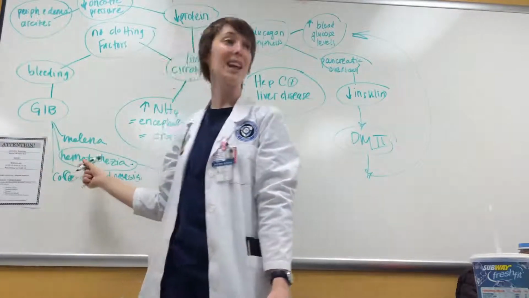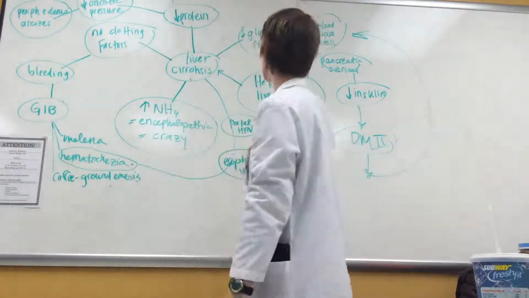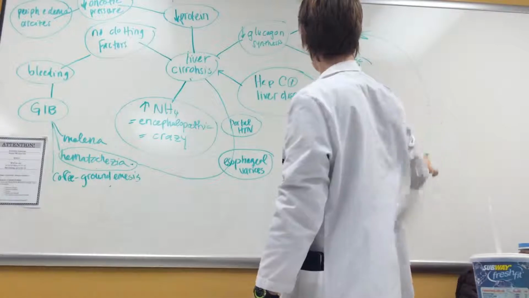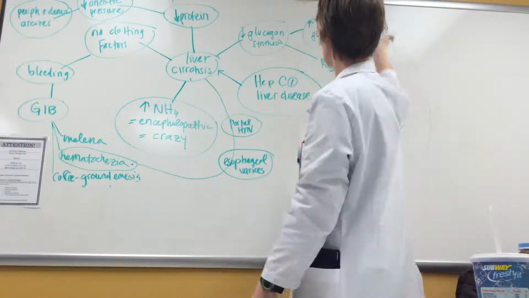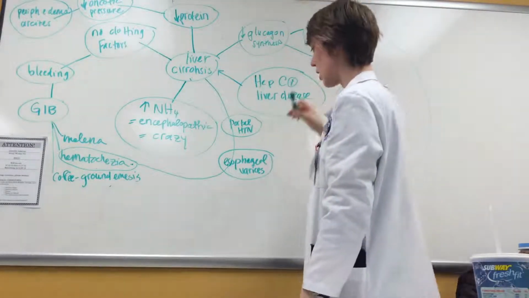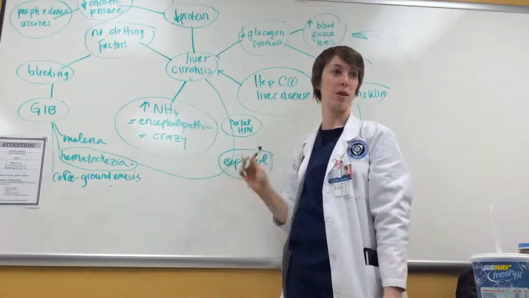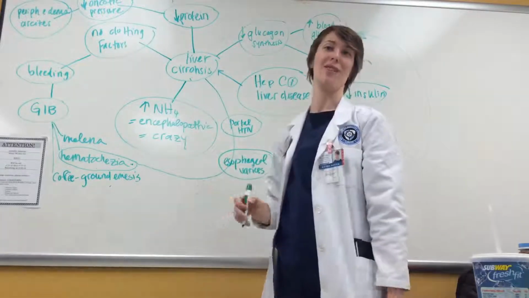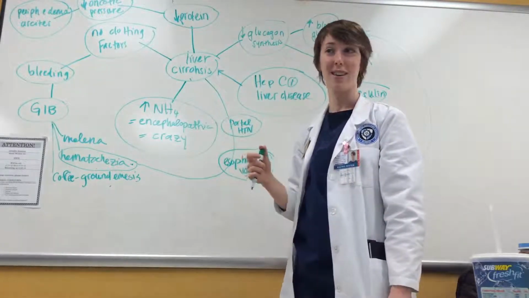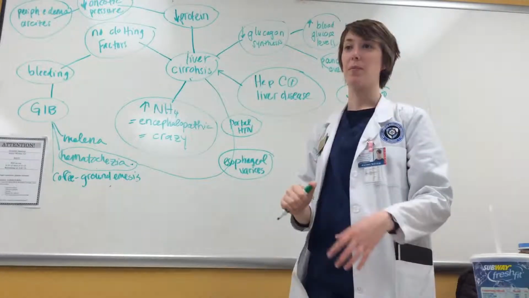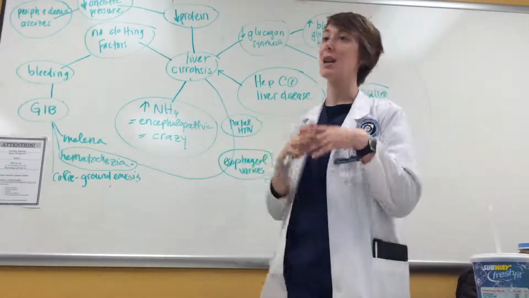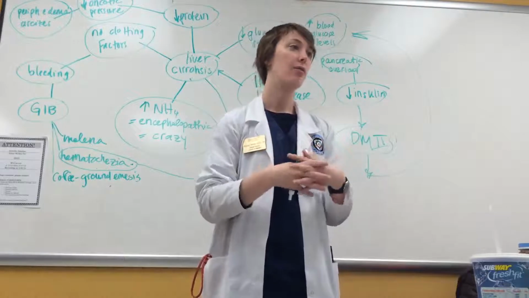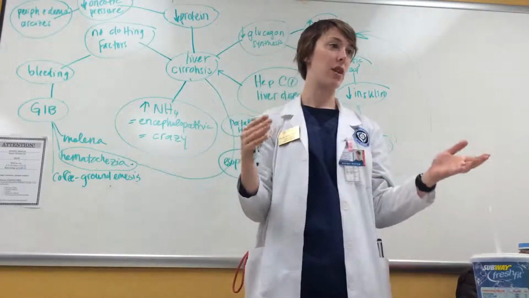You're seeing bleeding of some kind or another. You're seeing elevated blood glucose levels. This is kind of a double-edged sword. And you're seeing those esophageal varices. Oh, and you're seeing crazy. Don't forget crazy. Okay? So this is the concept map. This is how you can understand the concept of all of the things that are happening.